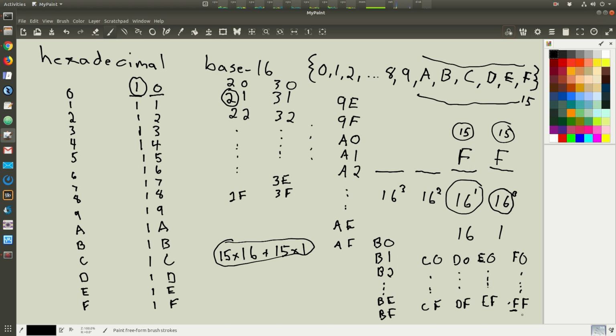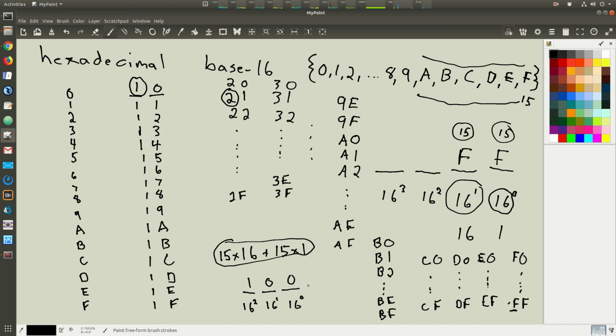Now once we are out of these characters and all of these digits, it's just like any of the other number systems. We add an extra digit, and so now we simply have a 1 here, 0, 0. So this is 16 squared, 16 to the first place, and 16 to the 0 power.